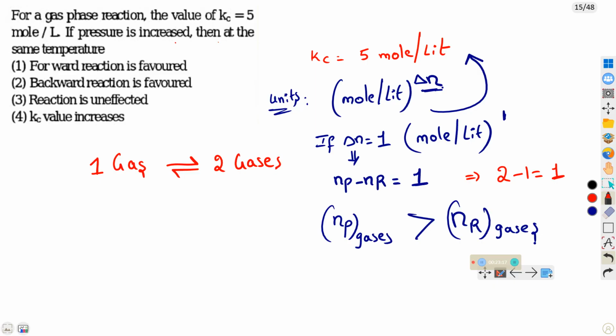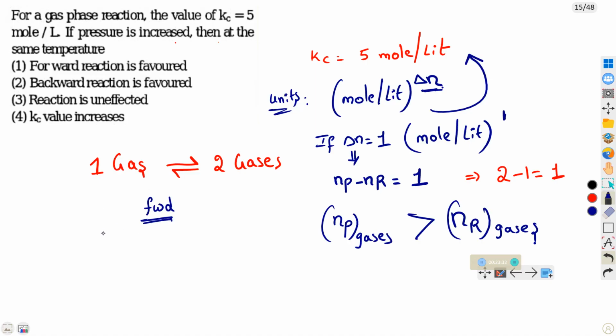Now, if pressure is increased, for example, consider the forward direction.